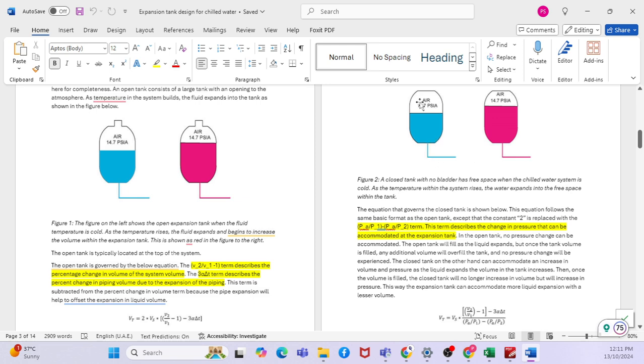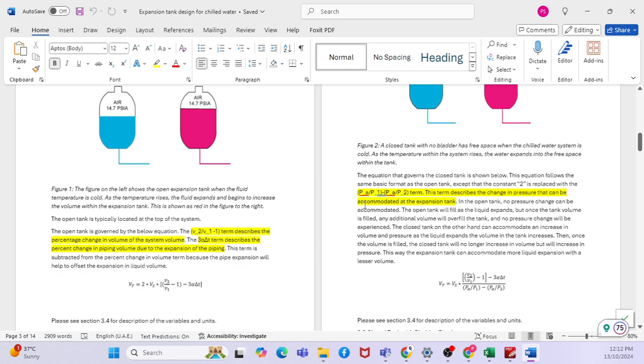When the system expands, the expansion vessel fills with water and that increases the pressure. So you have a high pressure and a low pressure. That is why you have Pa.